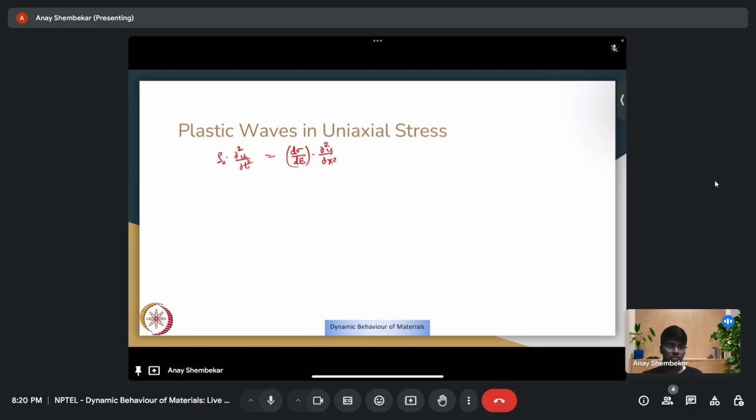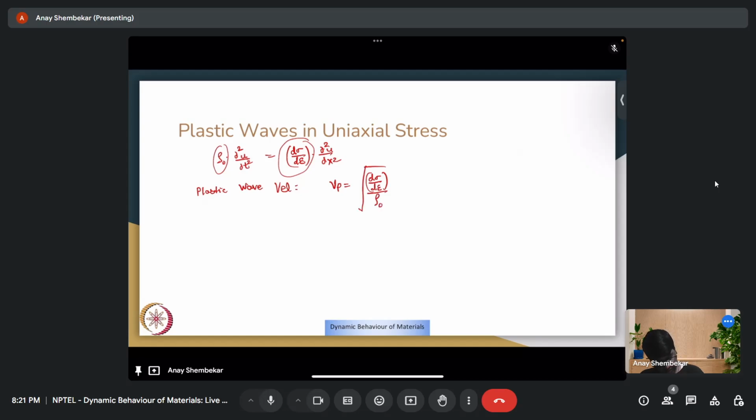This is familiar, like equations that you have seen. You have an inertia term and you have a term representing stiffness. So if I move this around, I basically get my plastic wave velocity as c plastic is the square root of d sigma by d epsilon upon rho naught.